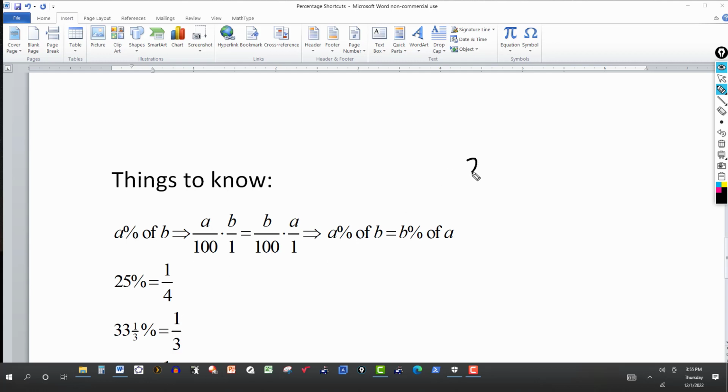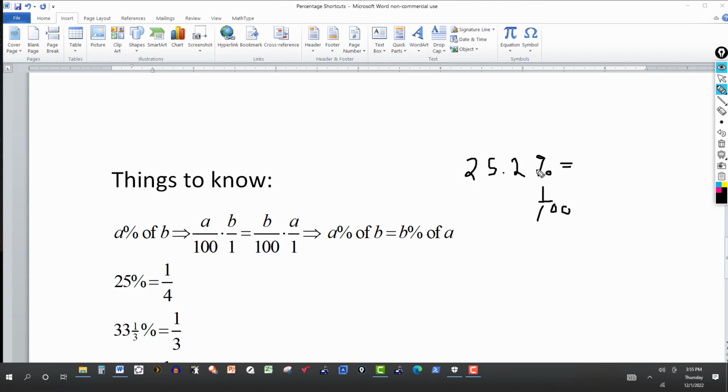Again, keep in mind that if you have 25.2%, when you work with percents, you have to eliminate the percent sign, make it into a regular decimal. So we drop this. The percent sign means divided by 100. So that would be the same thing as 25.2 divided by 100.